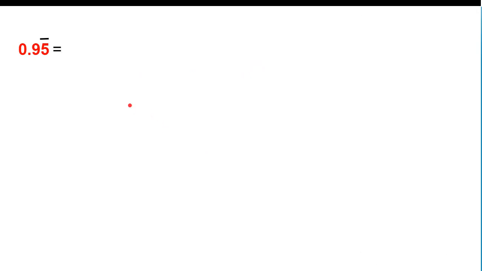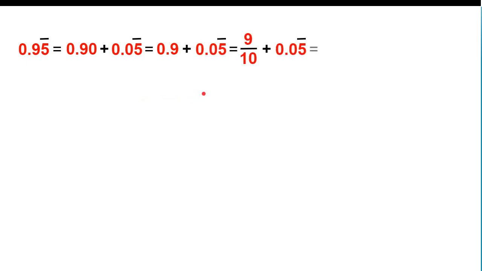0.95, where only the 5 is recurring, same concept. 9 over 10 plus 0.05. Multiply it by 10 and divide it by 10.